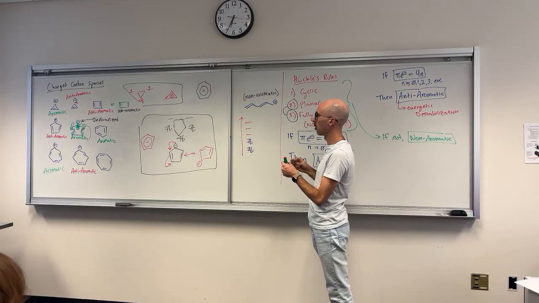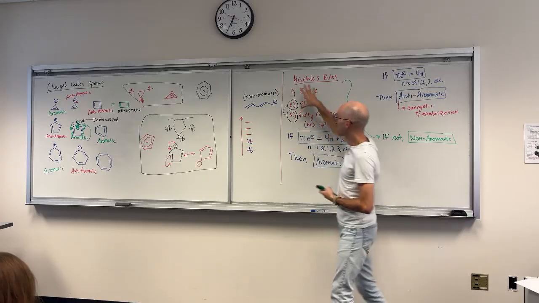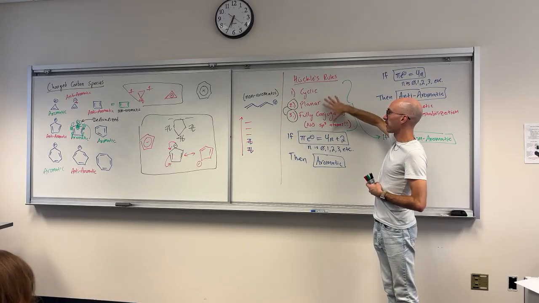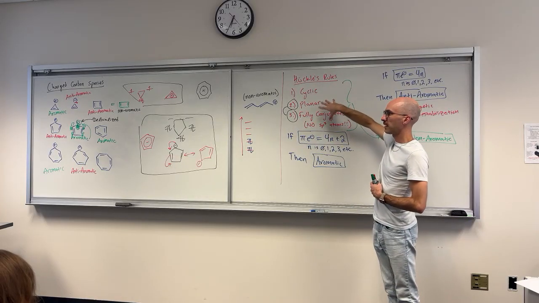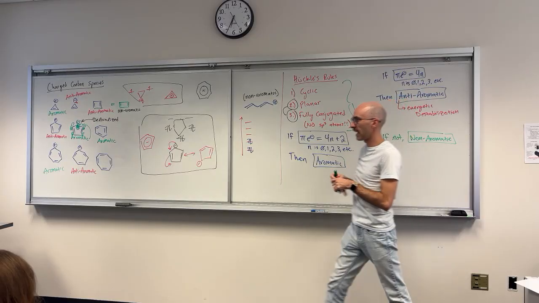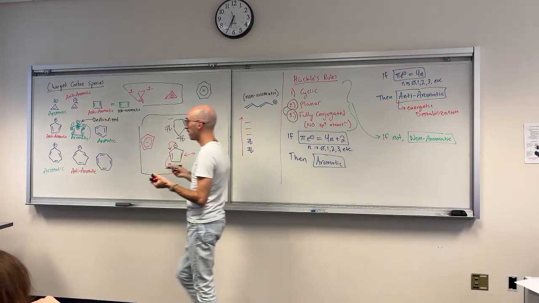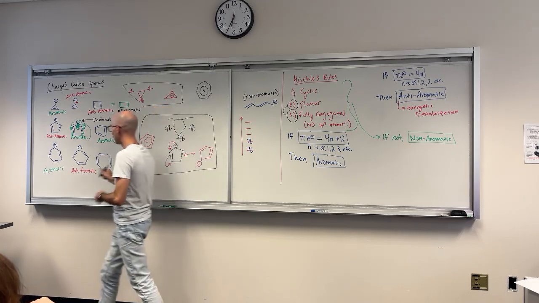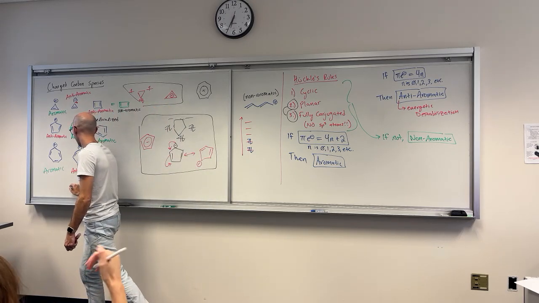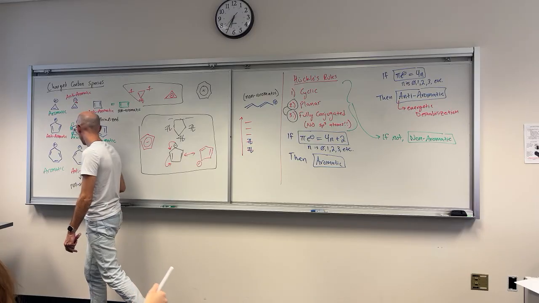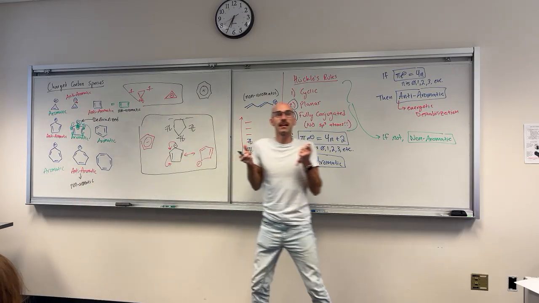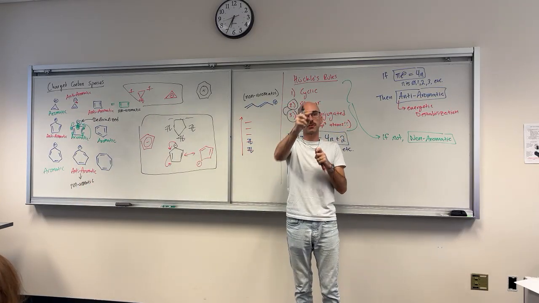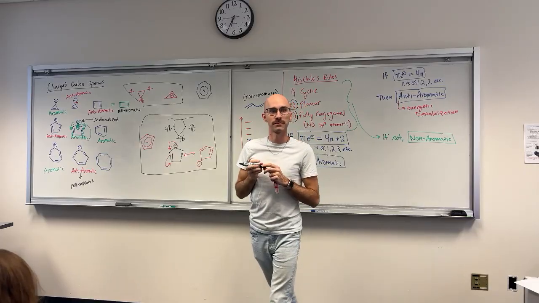Those charges are delocalized. If we say it is cyclic, planar, and fully conjugated, then it'd be anti-aromatic. However, it may try to become non-aromatic. How can this high-energy anti-aromatic compound try to become non-aromatic?